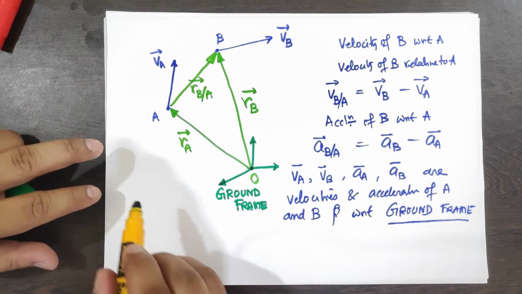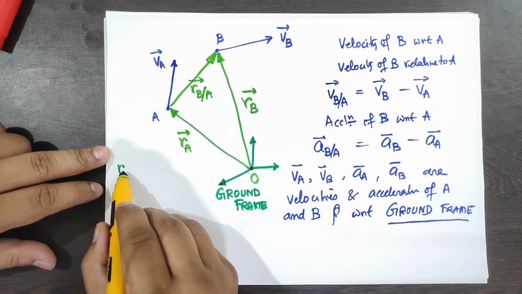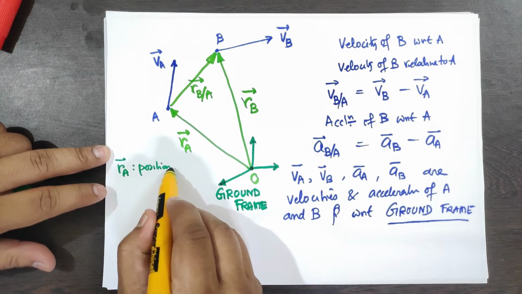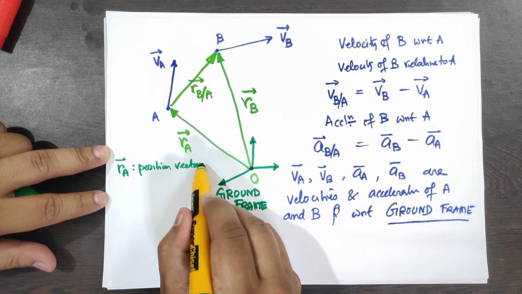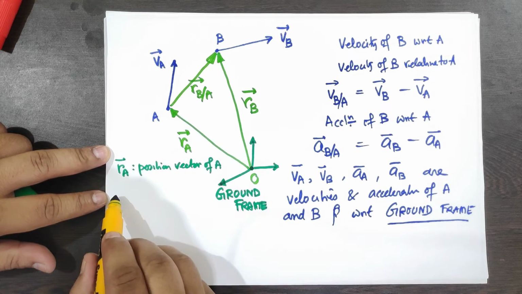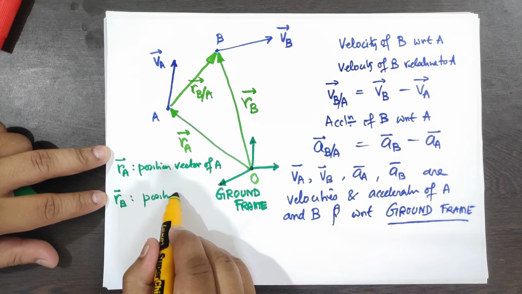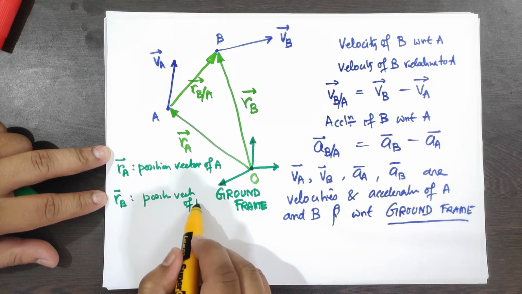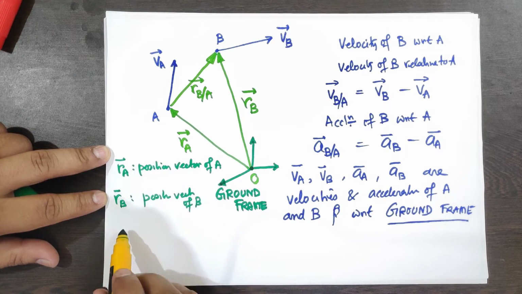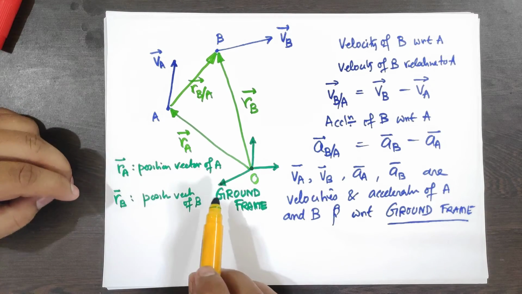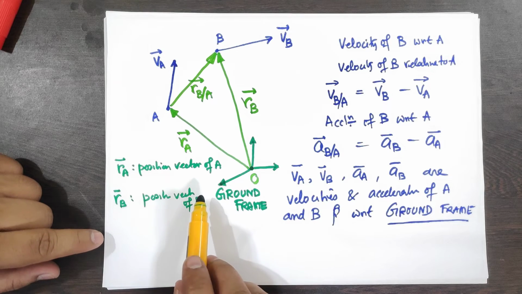And what is this RA? RA is the position vector of A. RB is the position vector of B. I mean, if you don't mention with respect to which frame, that means it's with respect to the ground frame.